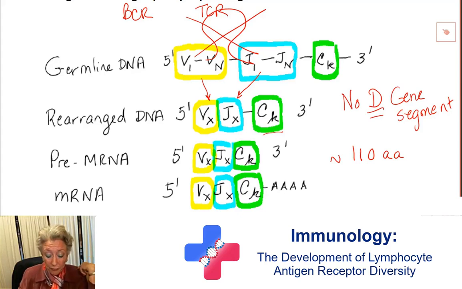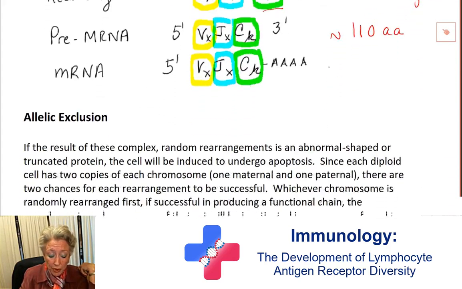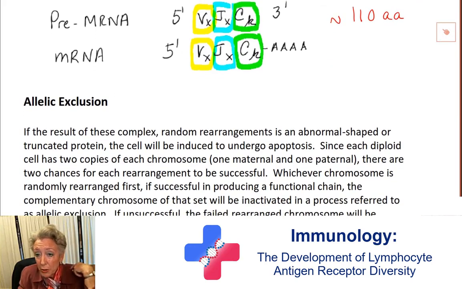So from here, we need to realize that as we talked about the addition of the random nucleotides by terminal deoxyribonucleotide transferase, if I add 1 nucleotide at each splice point, in that case I have created a change in the reading frame. If I have added 2, similarly I've changed the reading frame.